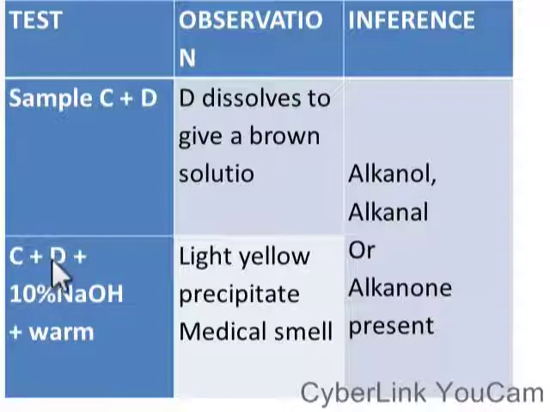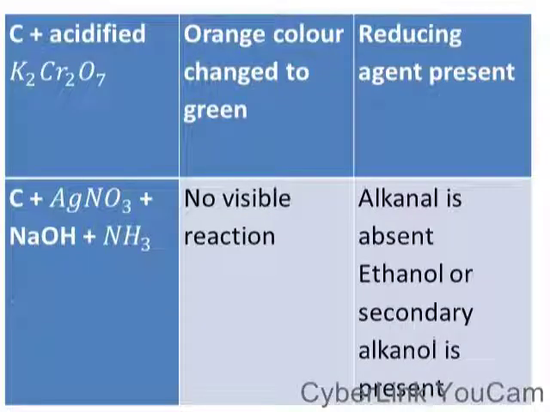Now, C plus D, in short, the whole sample above here plus 10% NaOH plus warm or plus heat, you have light yellow precipitate. And that light yellow has a medical smell. If you don't write medical smell, you can write it has an anaesthetic odor. It's either you write medical smell, like that of a bandage on the wound, or an anaesthetic odor. Let's move on to the next one.